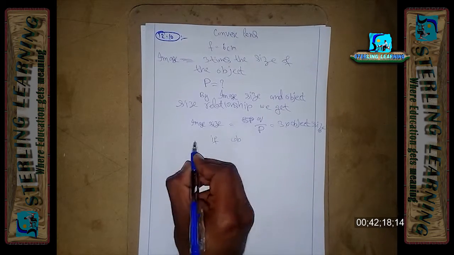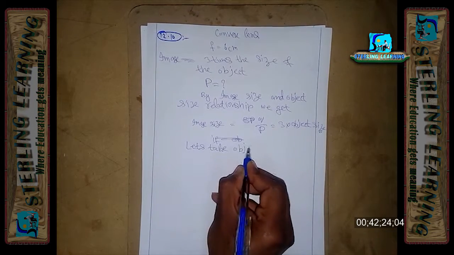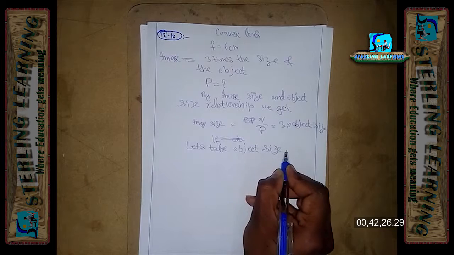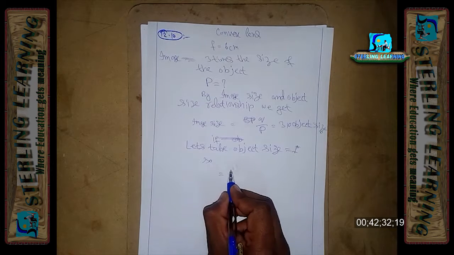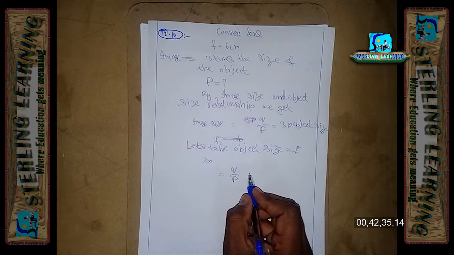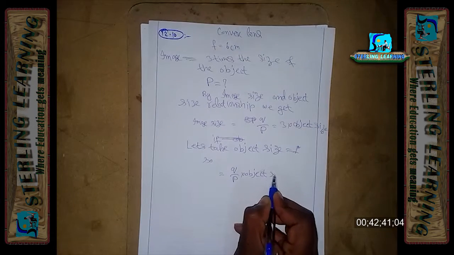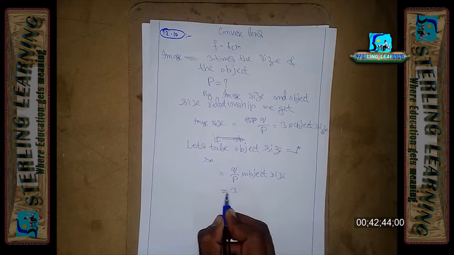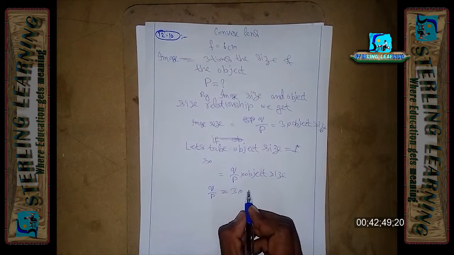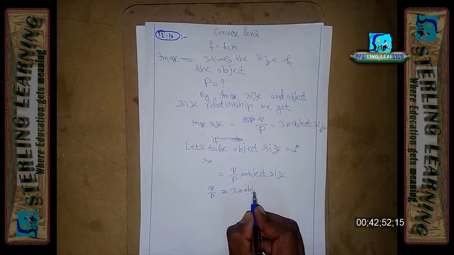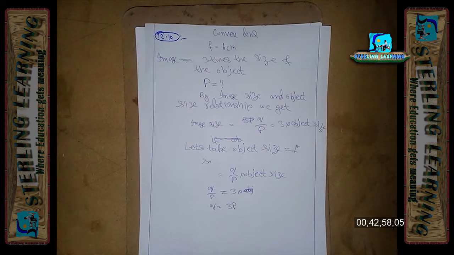Let's take object size equal to 1. So Q over P comes out to be 3, and Q becomes 3P.